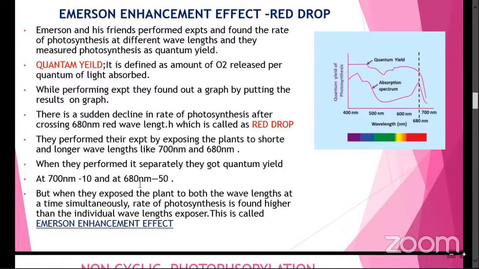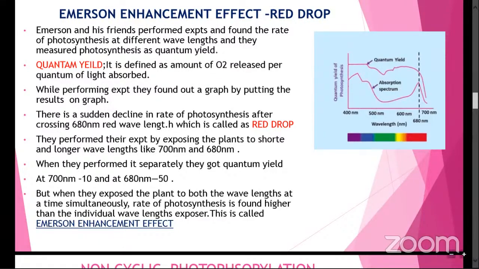So three experiments were conducted by these people. In the first experiment, one plant is exposed to a shorter wavelength. In the second experiment, they exposed it to a longer wavelength. And in the third experiment, they exposed the plant to both the wavelengths and noted the quantum yields. And what they stated is, when the plant is exposed to the shorter wavelength, they noticed some value of quantum yield.